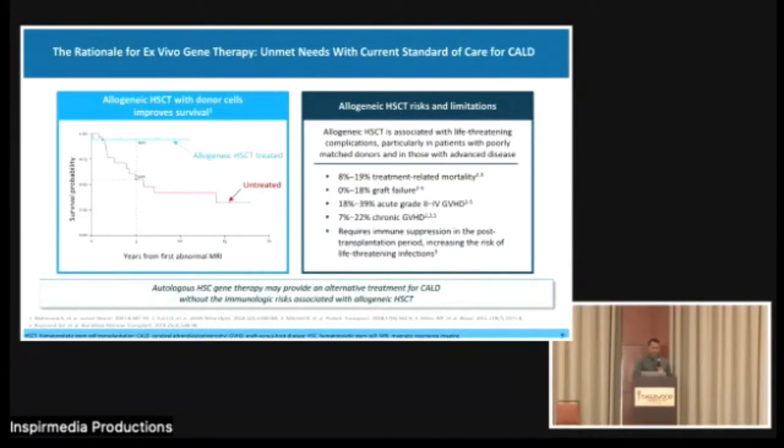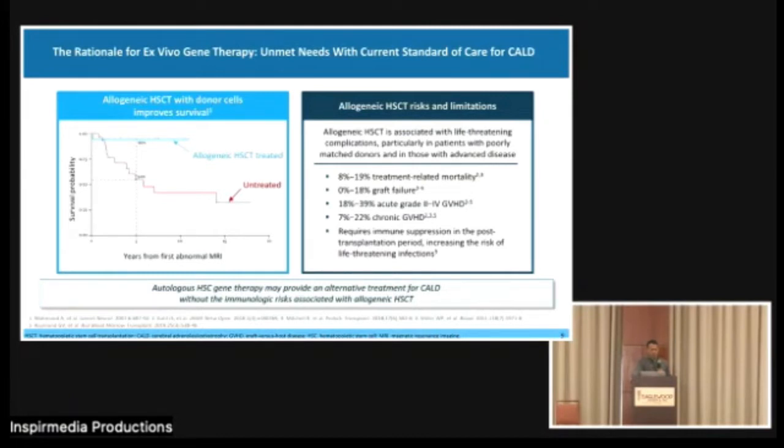Okay. However, there still remained several risks and limitations. As you heard in the last few days from our transplant colleagues, there's still transplant-related mortality, graft failure, graft versus host disease.